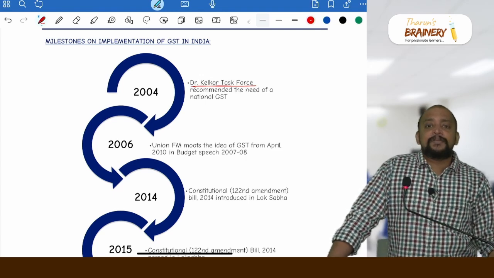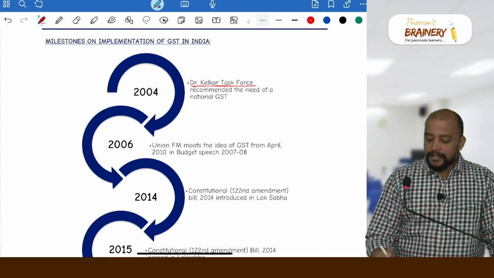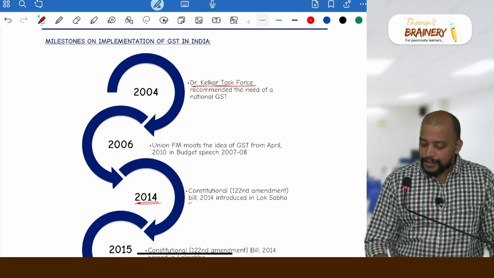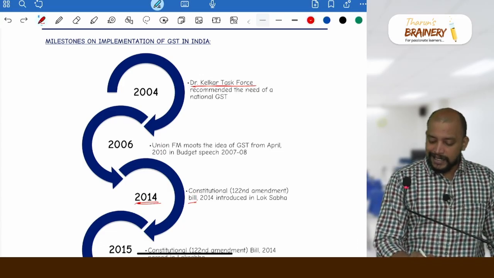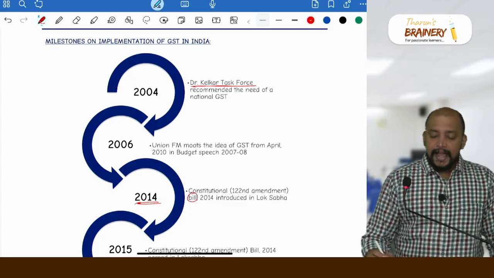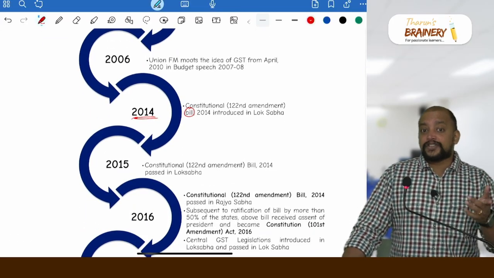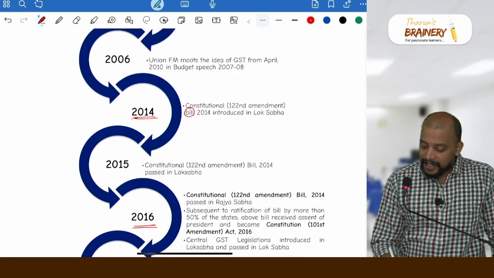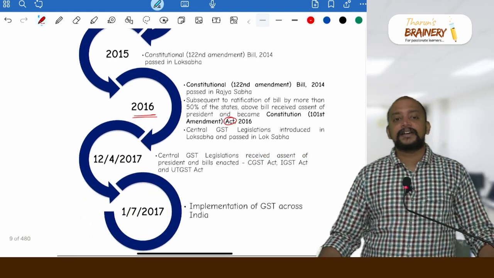When was the constitutional amendment bill presented? See, in 2014 the constitutional amendment bill got presented. And when did the Constitutional Amendment Act come? We might think 2017, no, it is 2016. Only in 2016 did the Constitutional Amendment Act take place. Is it clear?